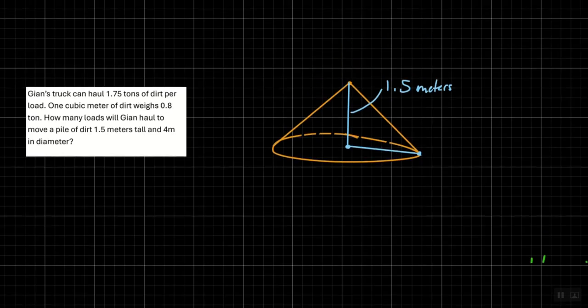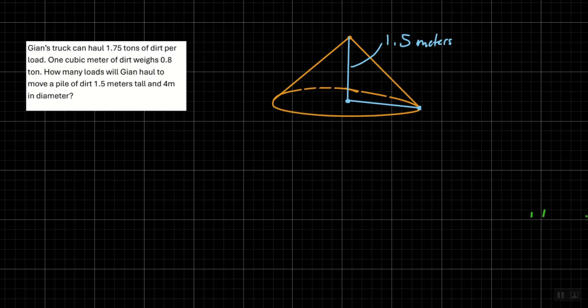So it says, how many loads will Gian haul to move a pile of dirt that's 1.5 meters tall and 4 meters in diameter. So what's our radius? 2, yeah, 2. So we have 2 meters there.